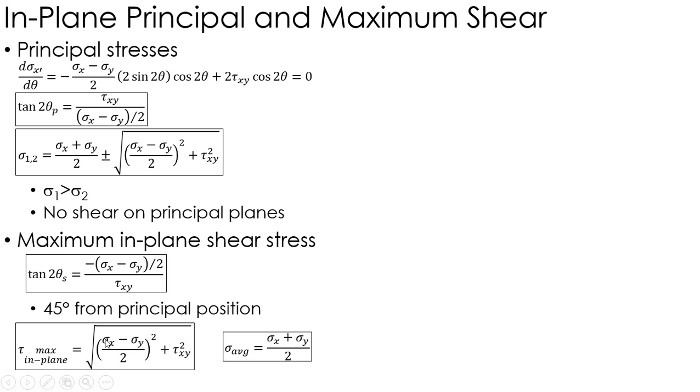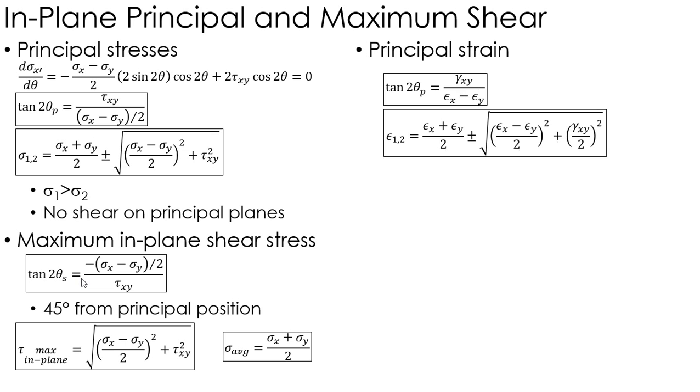With the in-plane shear, you do have normal stress, and it's basically the same in both directions, so we take essentially an average, sigma x plus sigma y over 2. These two equations just come from plugging this angle into those equations we developed in the first slide.